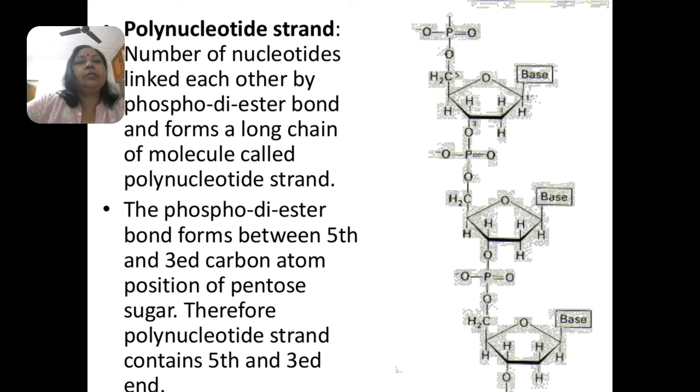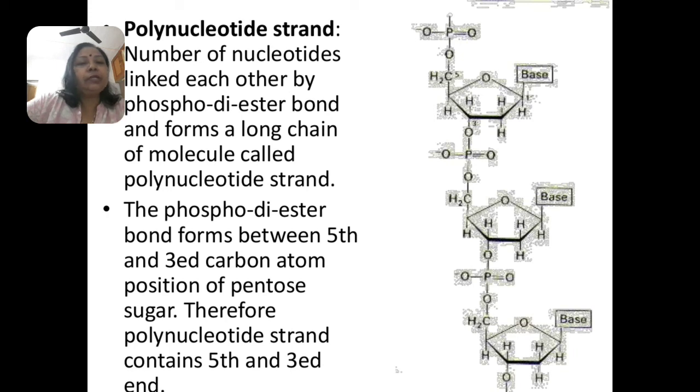These are the four types of nucleotides. Now come to the structure of a polynucleotide strand of DNA. A number of nucleotides link to each other by phosphodiester bonds and form a very long chain of molecules, that is called the polynucleotide strand.